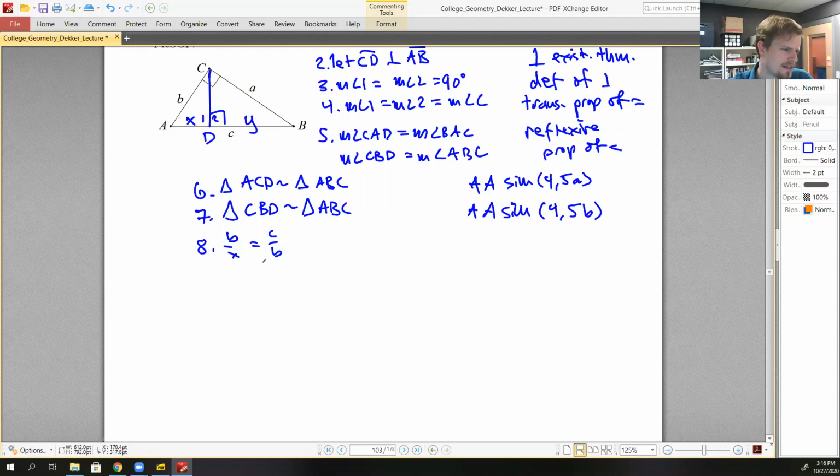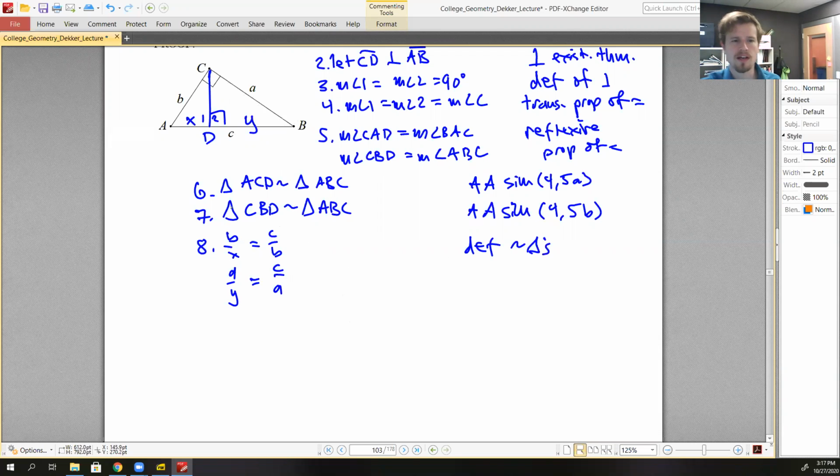And we have that A over Y. So big triangle medium side over small triangle medium side is equal to big triangle long side over small triangle long side. Excellent. So this is given by the definition of similar triangles.